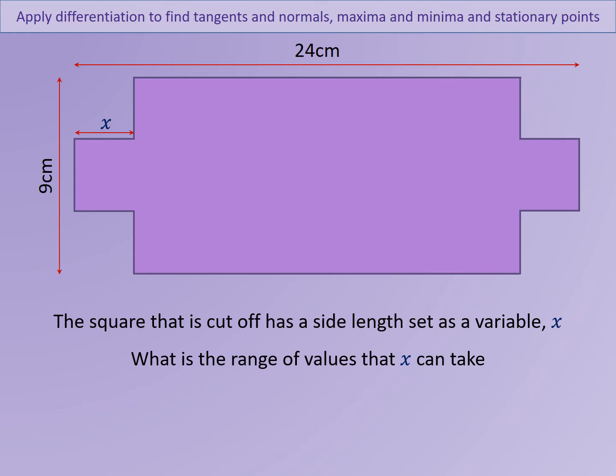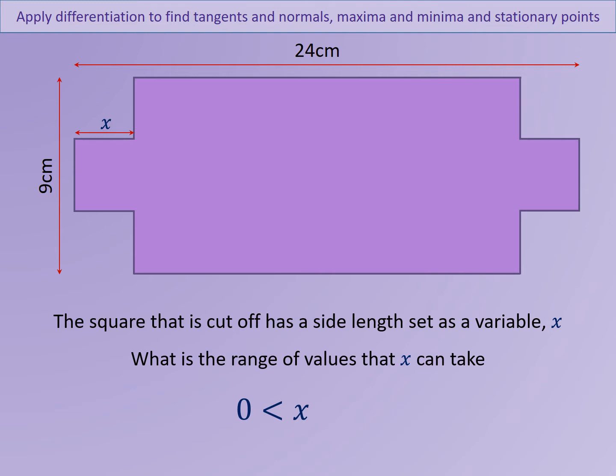And the first question to ask is, well, what are the possible values that x can take? Well, clearly x has got to be bigger than 0, or we wouldn't be taking any square out at all. But we also have the restriction of the width and the length of the box. So the width of the box is 9.